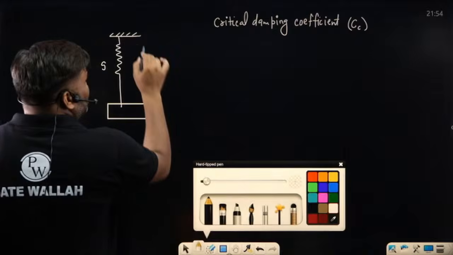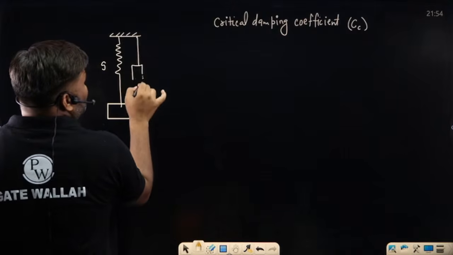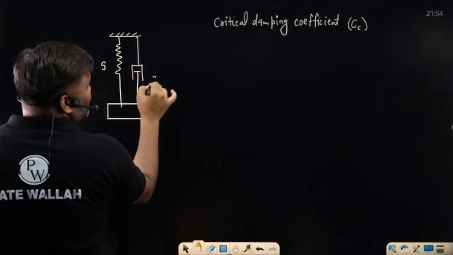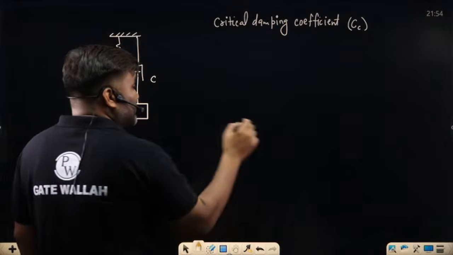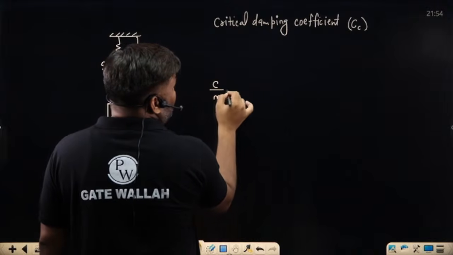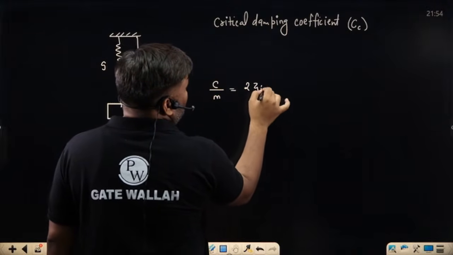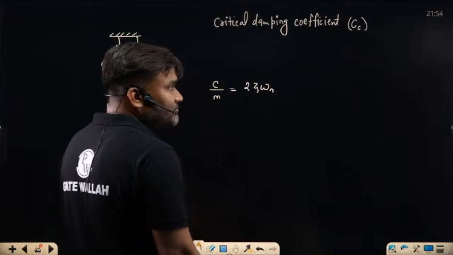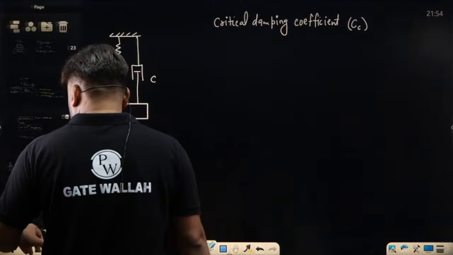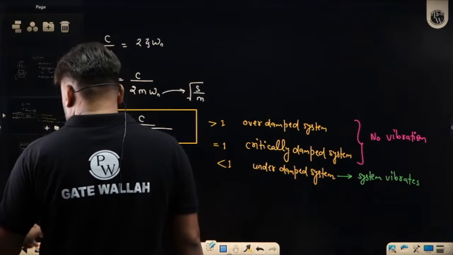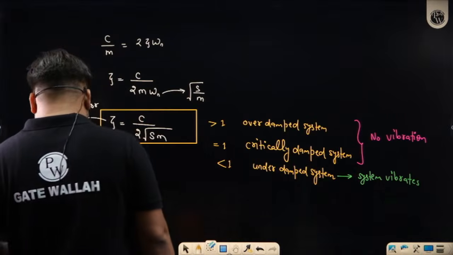If you have provided some friction C, and the system vibrates, it means C by m can be written as 2 zeta omega n. We have written this. Or you can simply write from this formula: zeta is C by 2 root Sm.